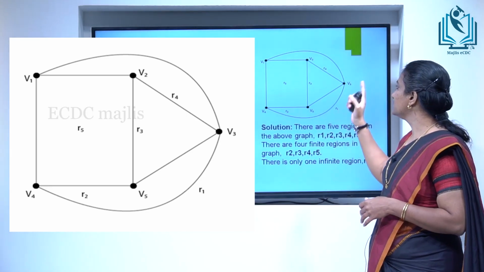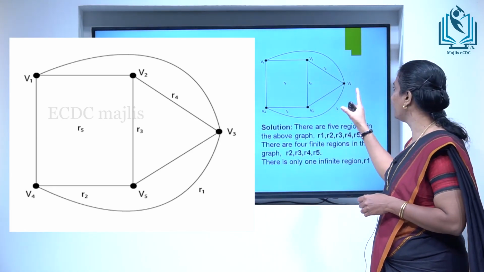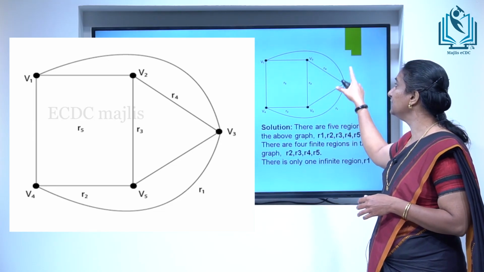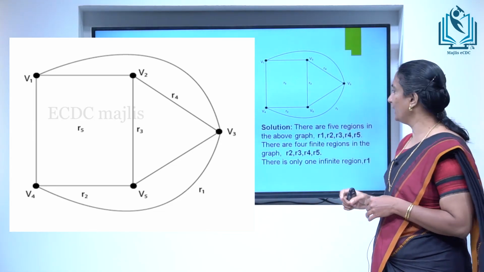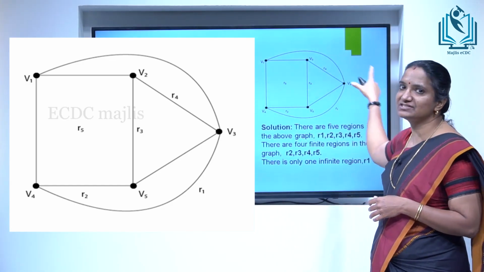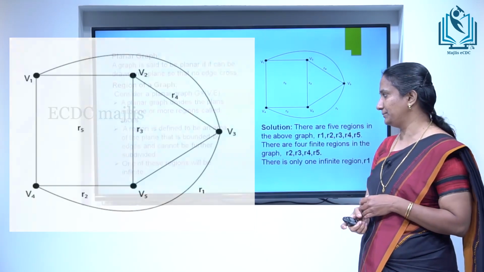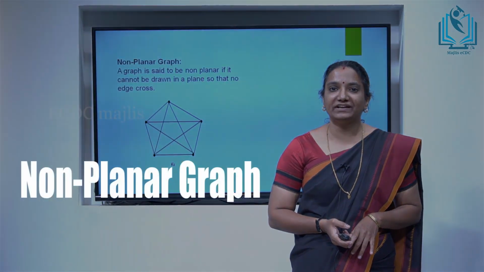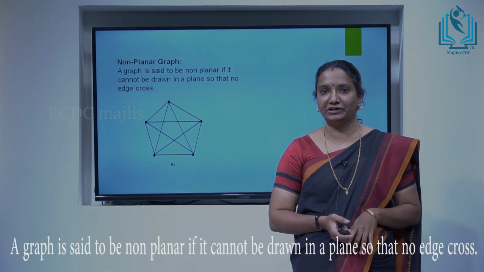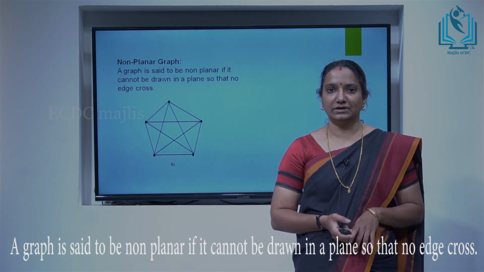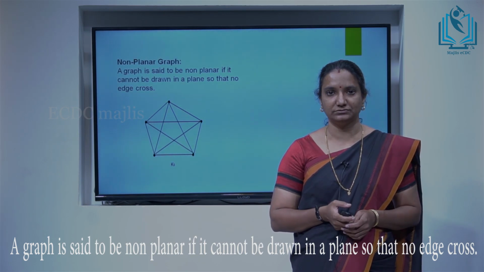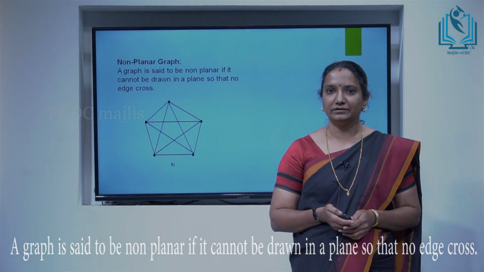Of these, 4 regions are finite. R2, R3, R4, R5 are finite regions, whereas R1, the outer region, is called an infinite region. Next, a non-planar graph. A non-planar graph is a graph which cannot be drawn in a plane. That is, there is at least one edge which intersects with another. That is called a non-planar graph.